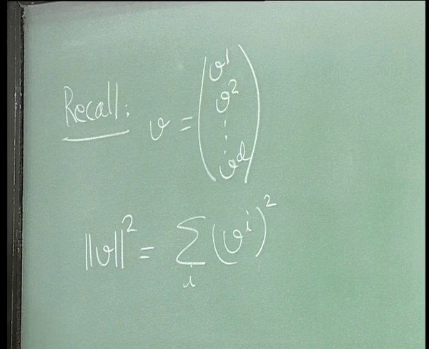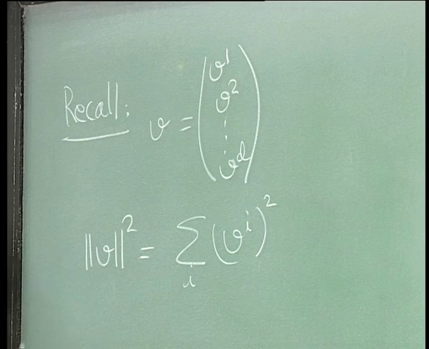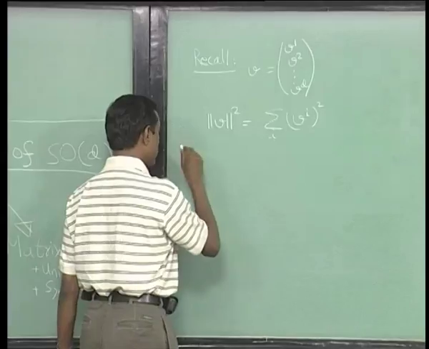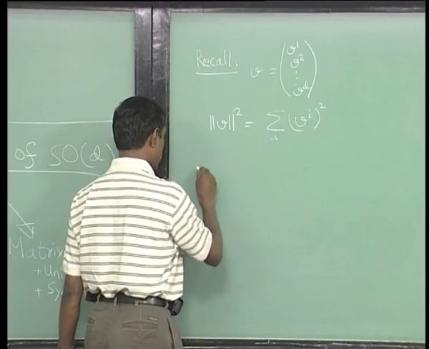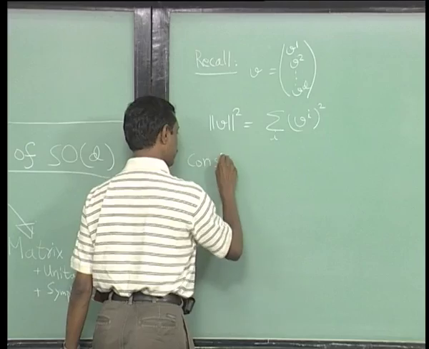The generalization which will give us a Lorentz group is the following. Let me be very specific here, and consider a 4 vector.